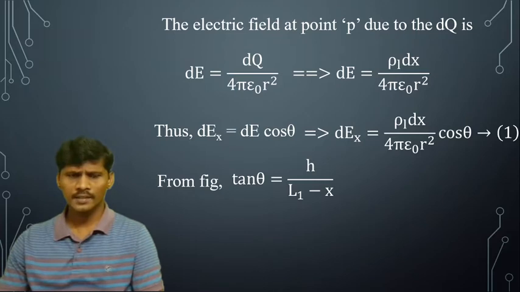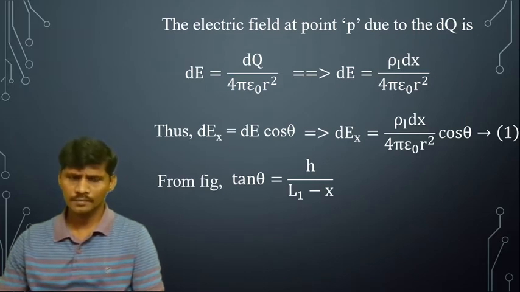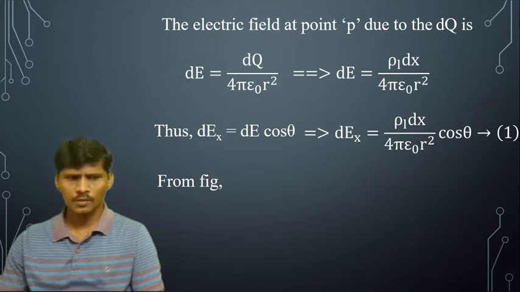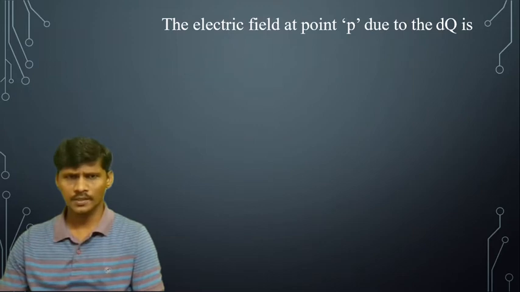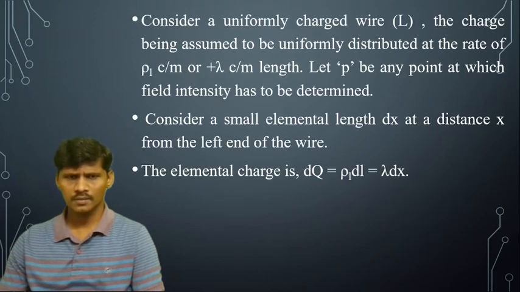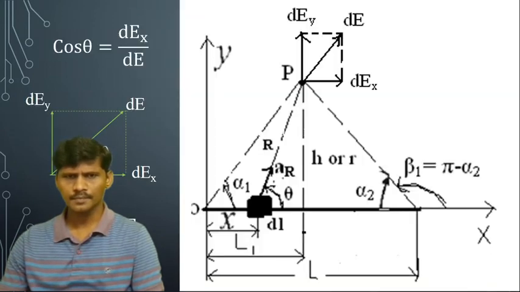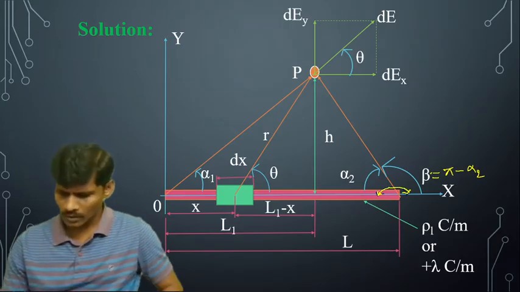From the figure, tan theta is equal to opposite side by adjacent side.